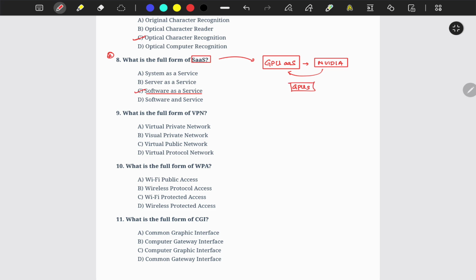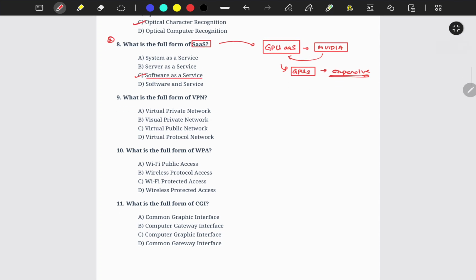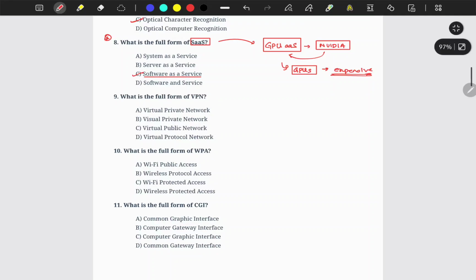GPUs are very expensive, so it is difficult for you to buy. So what they did is, you can play good quality games, or run high programs requiring high processing speeds.